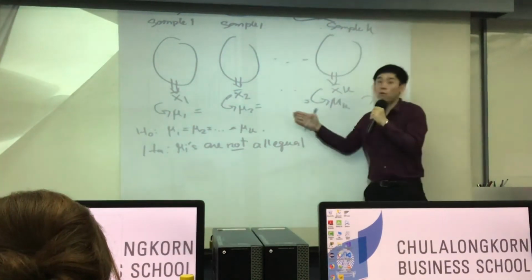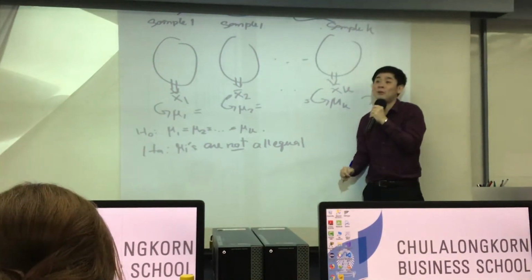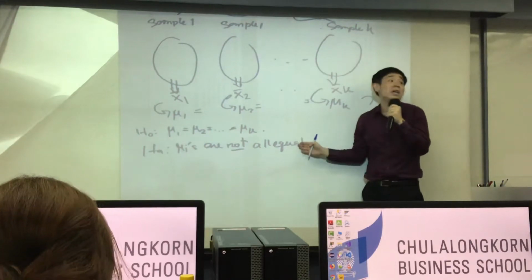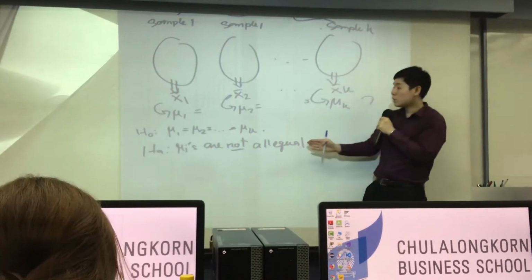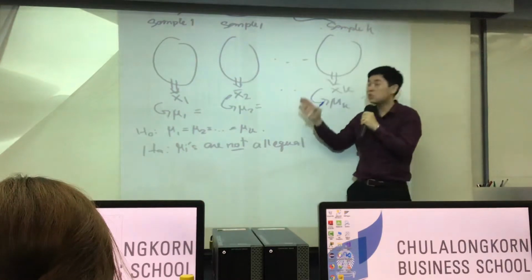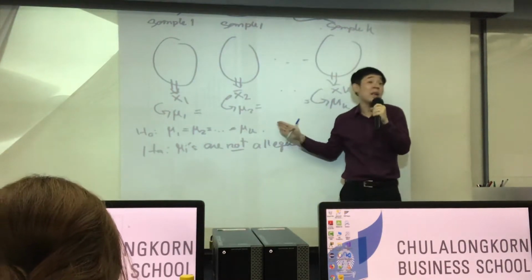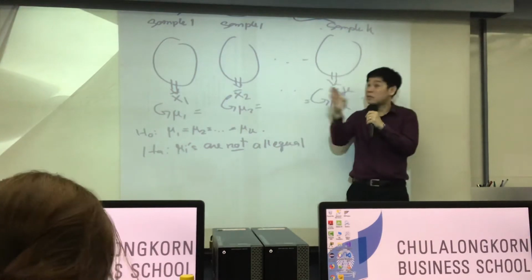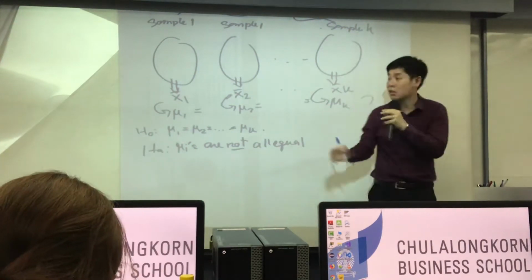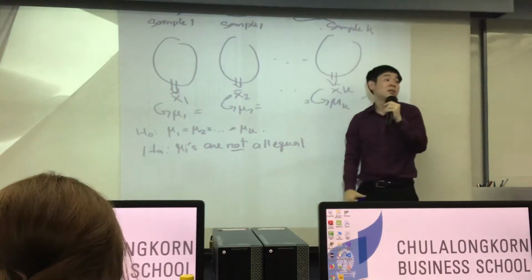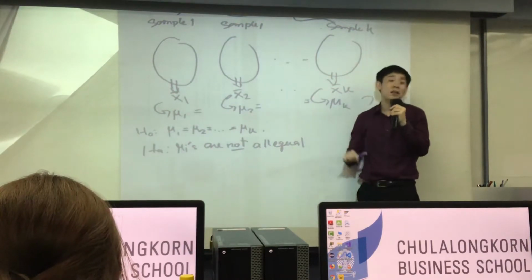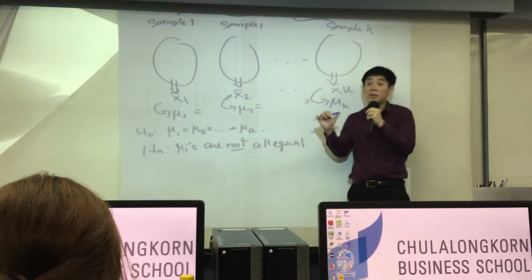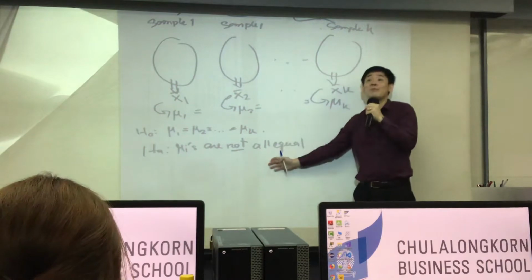So that's our goal for this test. Are they all the same or are they not? It's very hard to say less than or equal, so it's just this version: all the same, or some difference. No less than sign, no greater than sign. It's easier than before because there is no one-sided test. It's just this test.